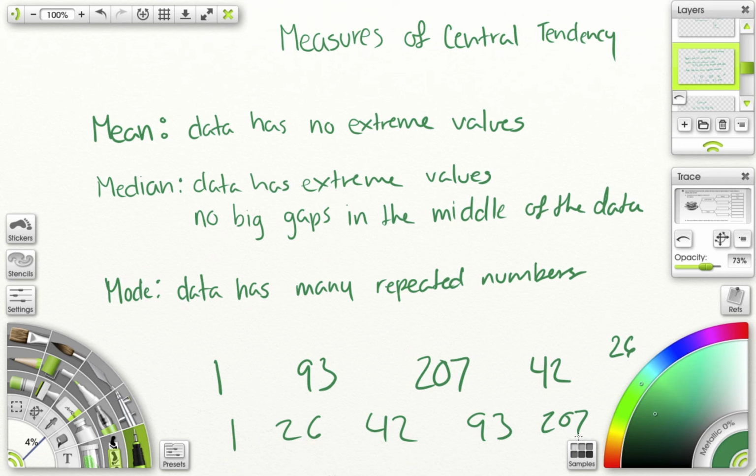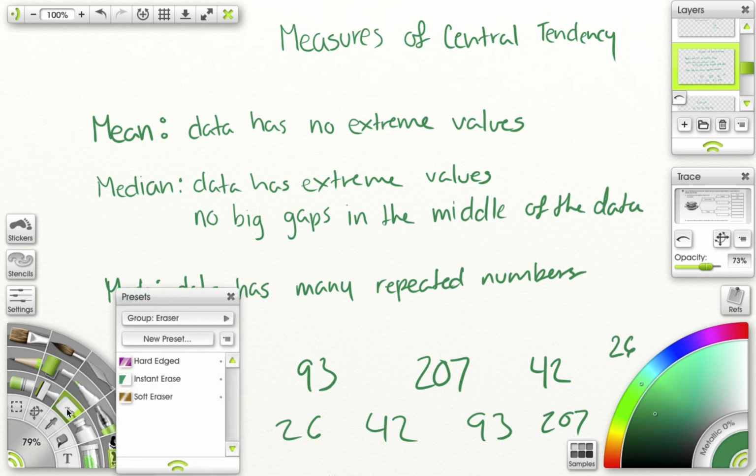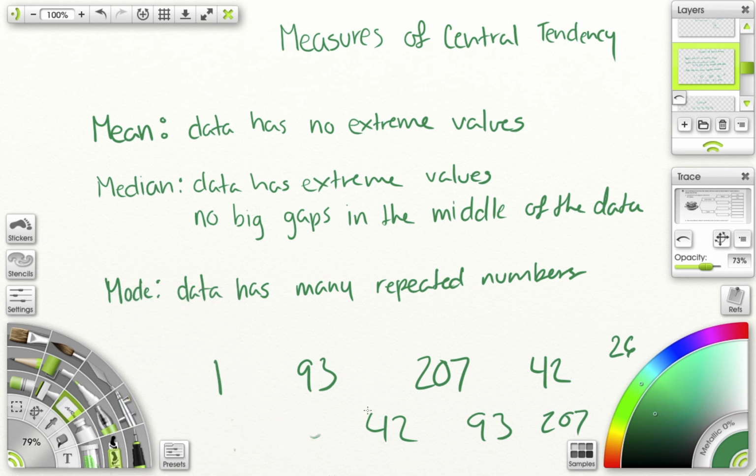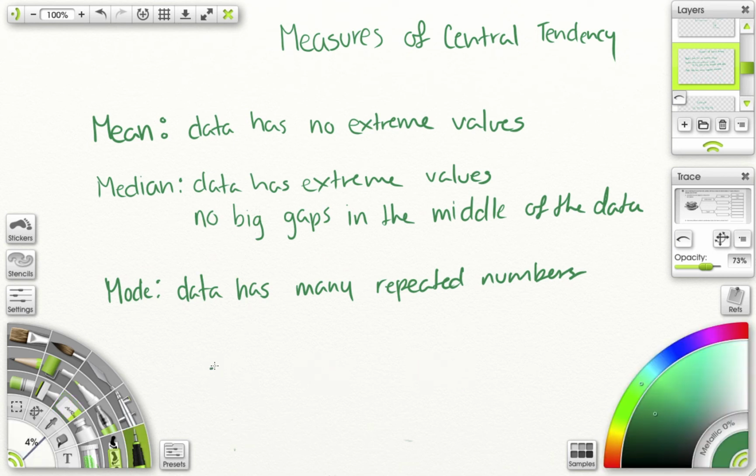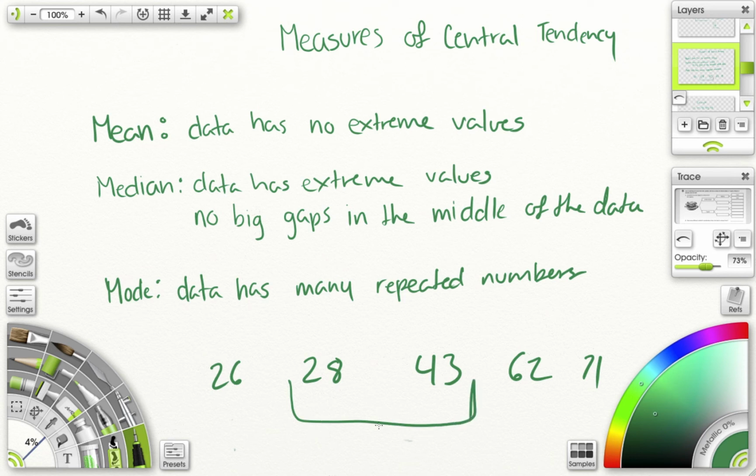So let's say maybe all the numbers are closer together. So one instance is 26, 28, 43, 62, and 71. Sorry, I should go back.